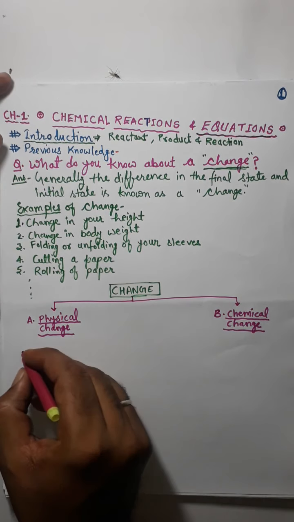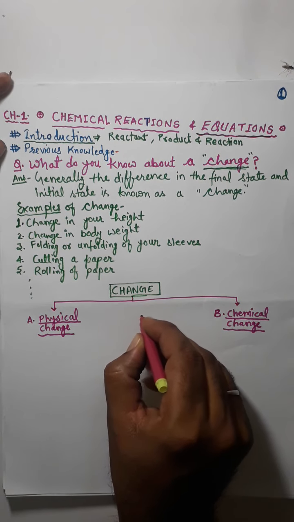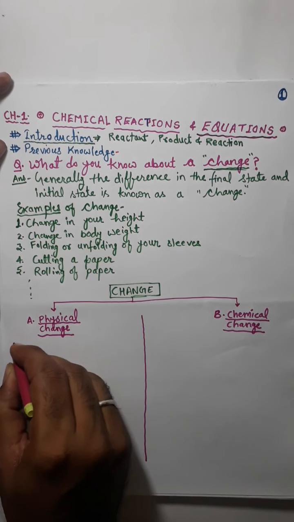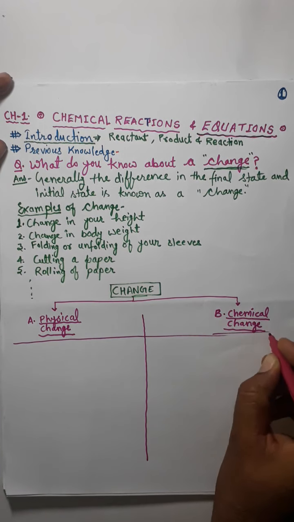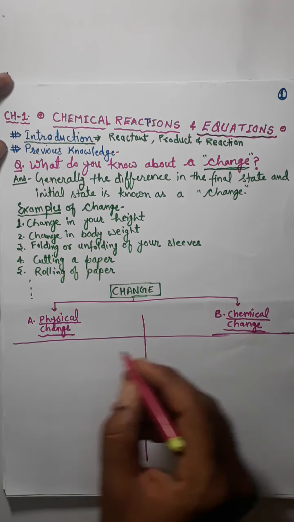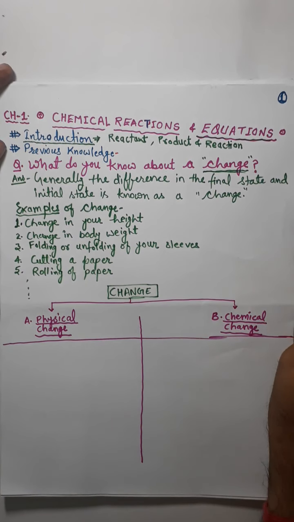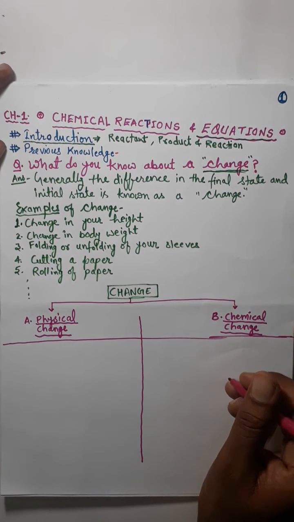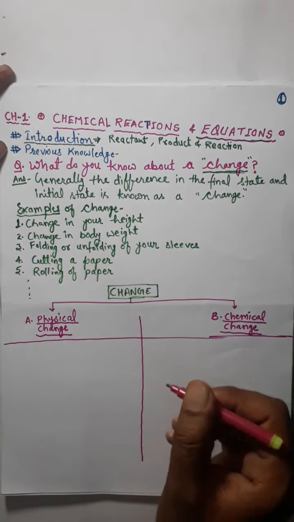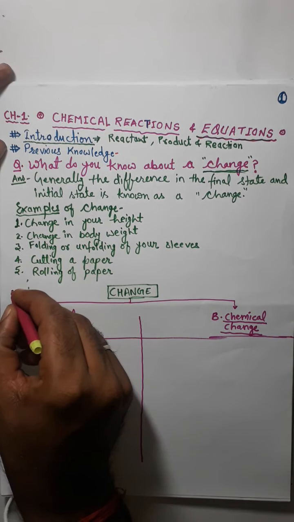First one is physical change. Better you can make two columns, so we can discuss in a tabular form. Okay, now see, physical change. Before going to change, I would like to add one important point here.